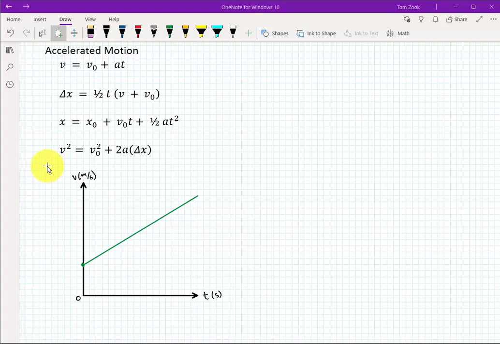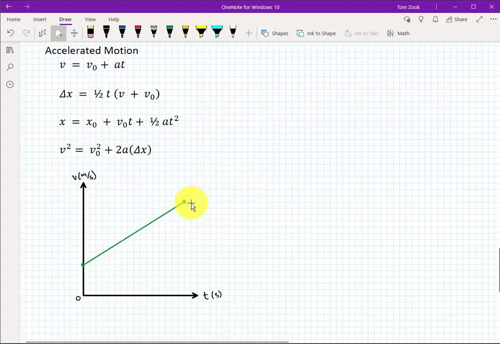Let's just say there. So I've got a velocity versus time graph. I realize now that I made that way too big, so let me shrink that down a bit, like to there. Move that dot over. Oh, wonders of technology.